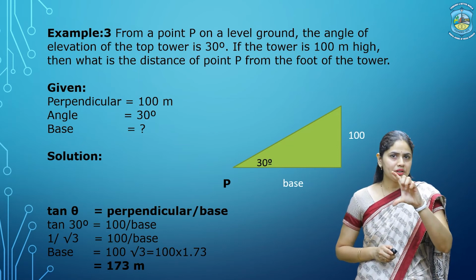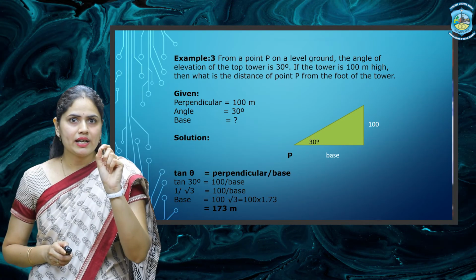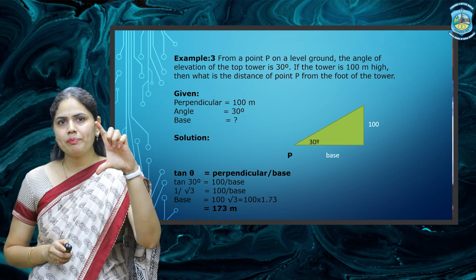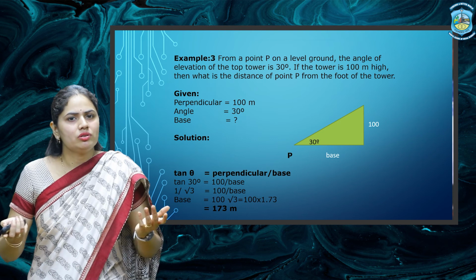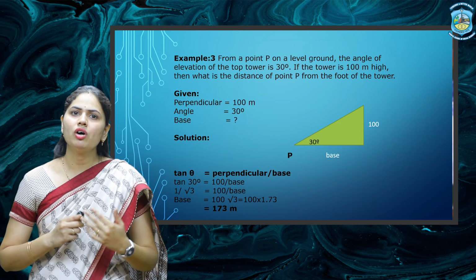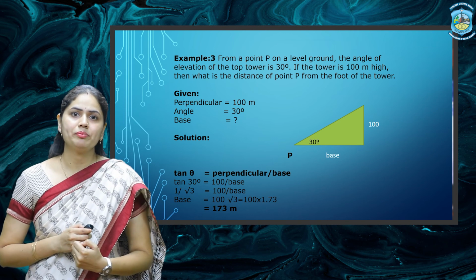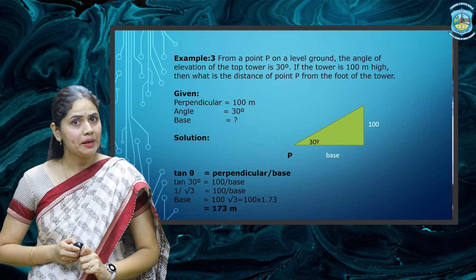So by using perpendicular and base, again it is tan theta. Theta is 30 degree. Tan 30 degree is equal to the perpendicular value 100 meter upon the base value. You can write it as base only, or if you want you can assume any variable as the base. Here I am taking 100 divided by base.